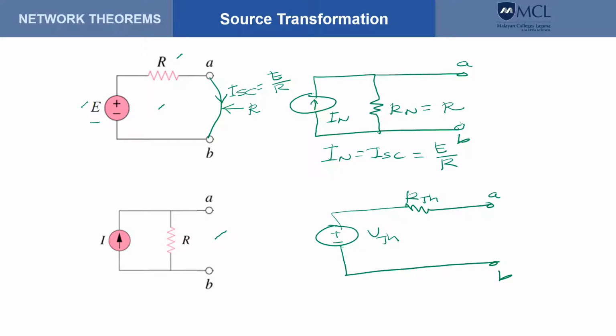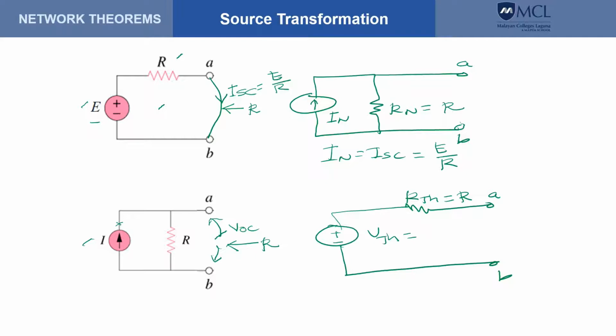To get RTH, we look into the open terminals, and since we find an independent current source, we disable that by opening the source. So what we get here is equal to R, and our RTH becomes R. For VTH, we compute the voltage across the open terminals, and we designate that as our VOC.